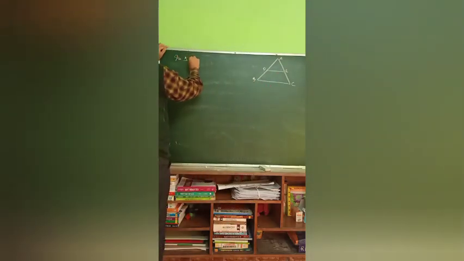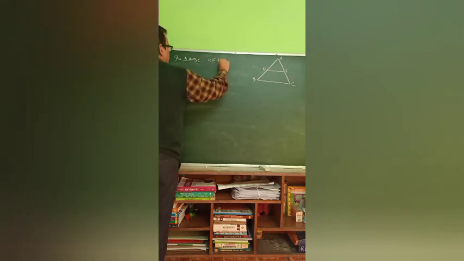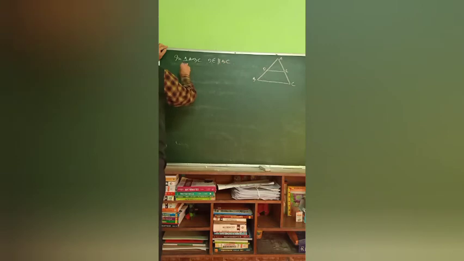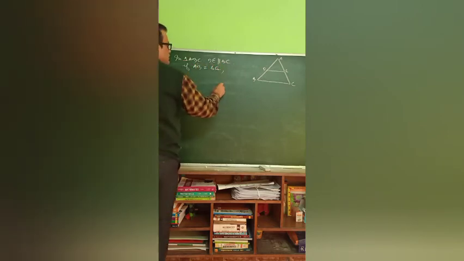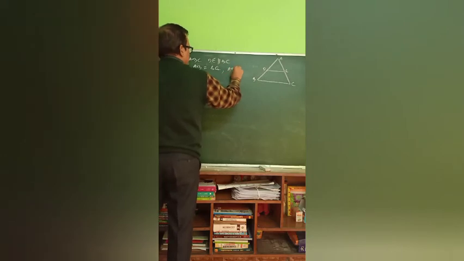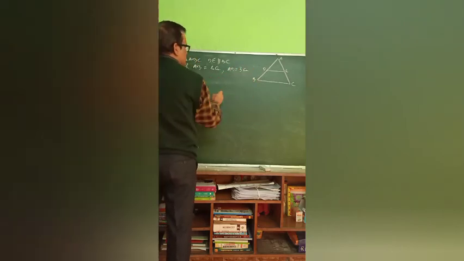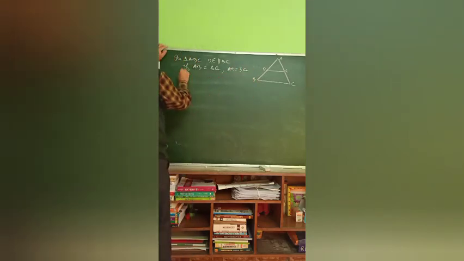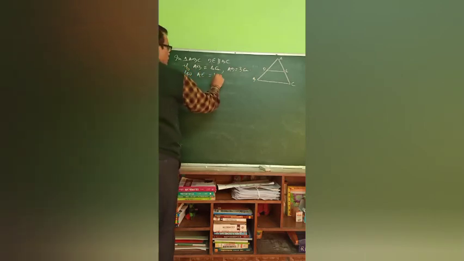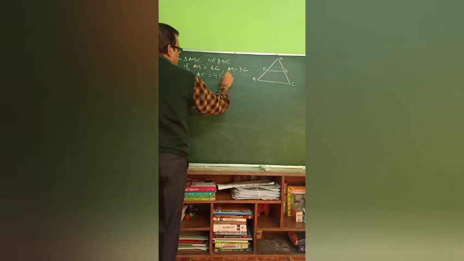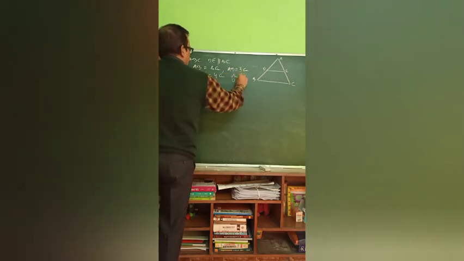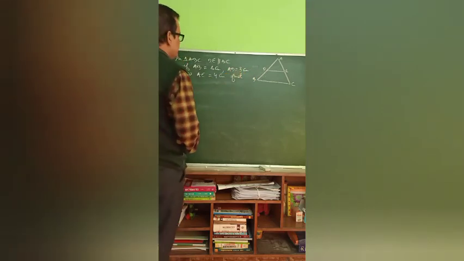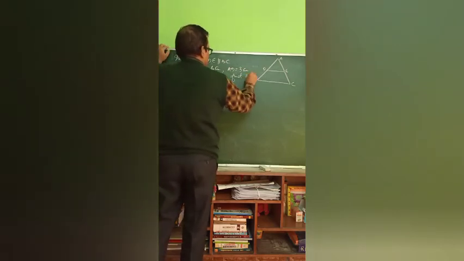In triangle ABC, DE parallel to BC. If AB is 6 centimeters, AD is 3 centimeters, also, AE is 4 centimeters, find AC.